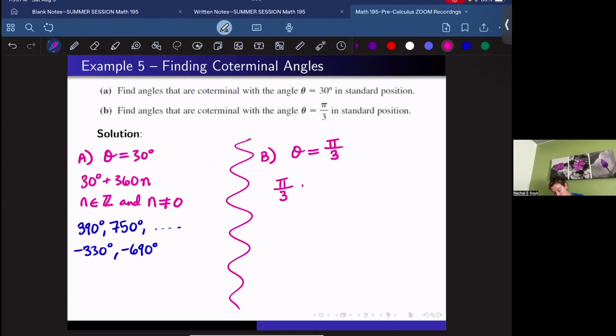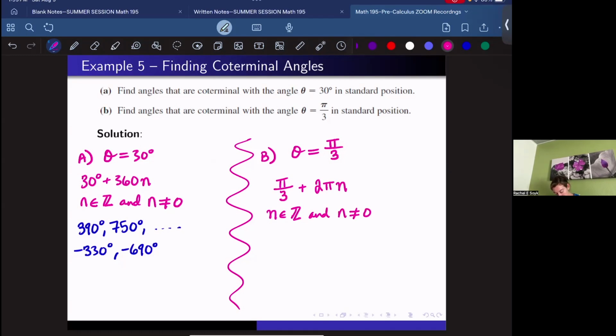So pi/3 plus 2 pi n, where n is an element of the integers, so all positive or negative whole numbers, but we also want to exclude 0. So n doesn't equal 0.